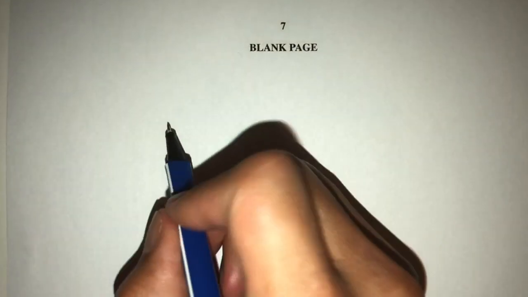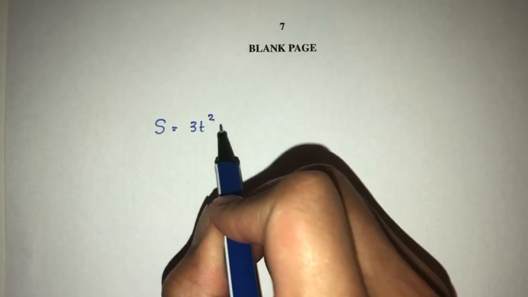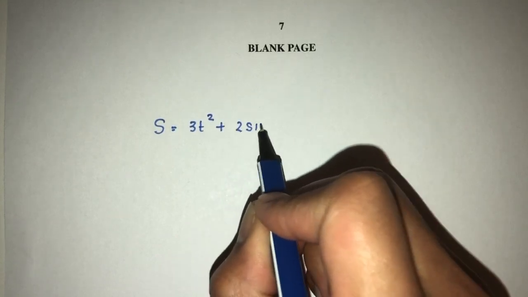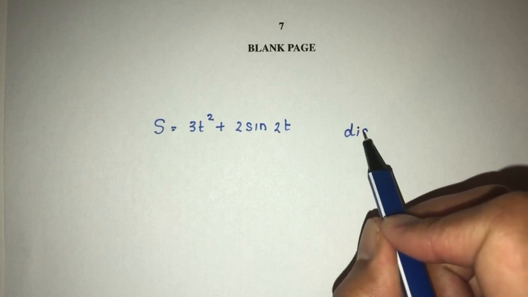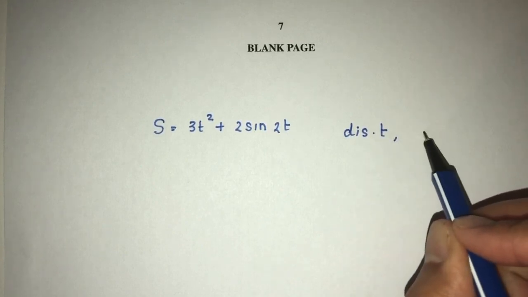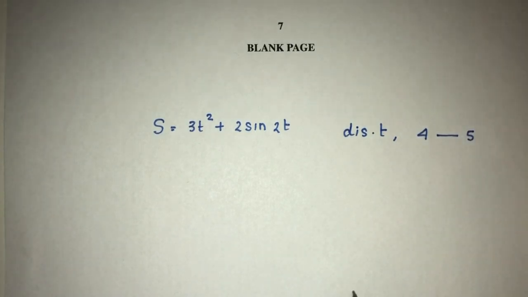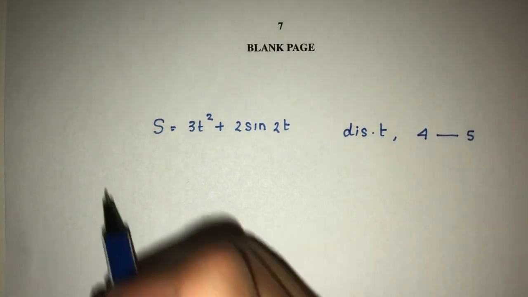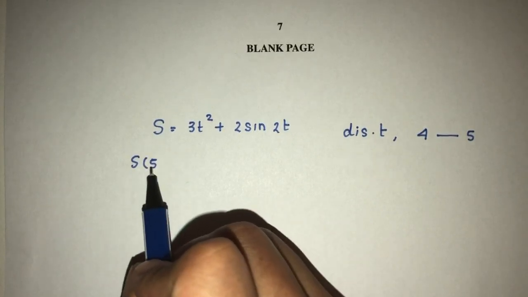So right now we have s is equal to 3t squared plus 2 sine 2t. So we need to find the distance traveled between the time t equal to 4 to t equal to 5. So we can just replace. Let's find the displacement at time equal to 5.